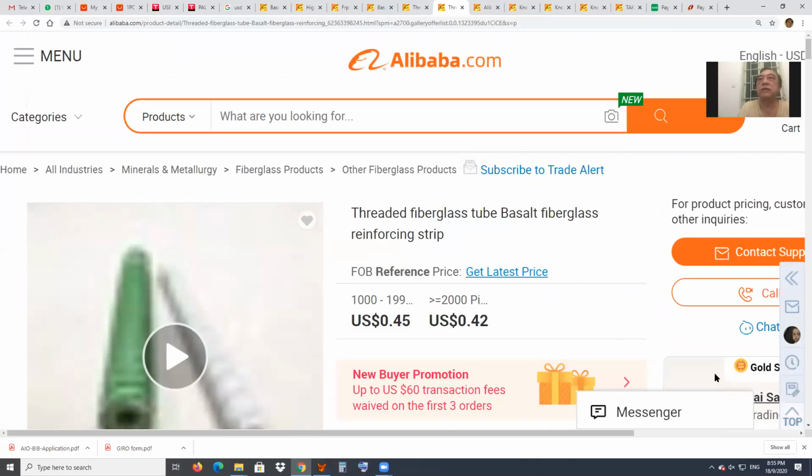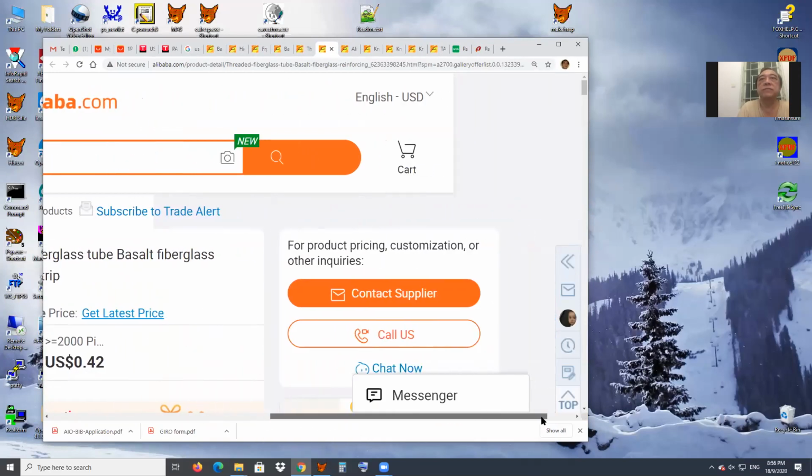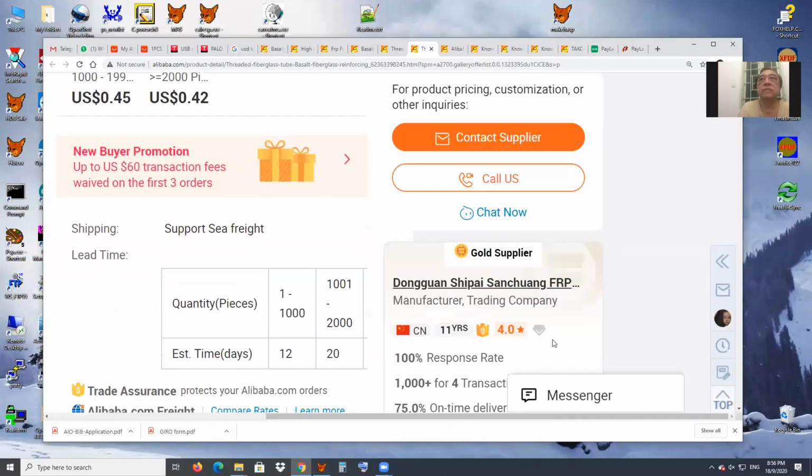Let's say you see gold supplier. Okay, then say 11 years. So they have been around for 11 years, and they are a gold supplier.